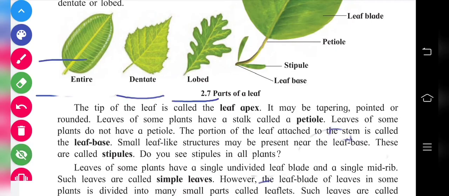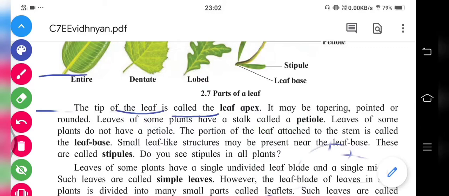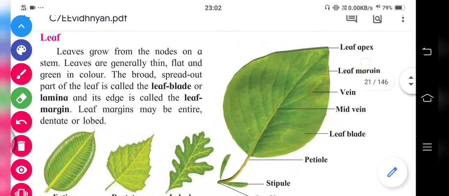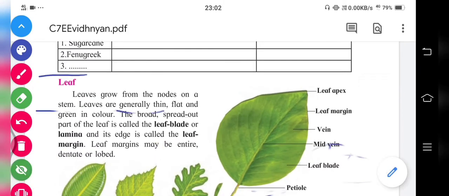Where is the tip of the leaf found? This one is called the leaf apex.